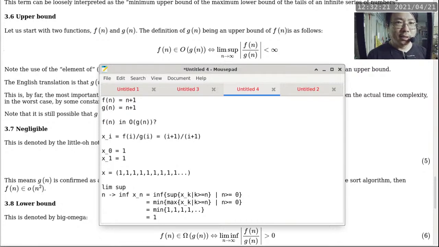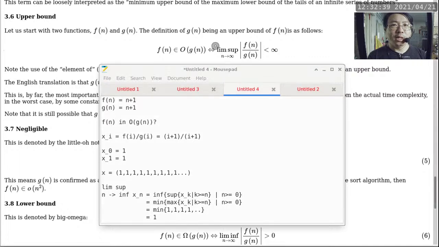All right. So is that answering the question? Because the original question is whether f of n as a function is in the big O of g of n. What do you think? Look at the requirement. In order for that membership to happen, we want the limit superior of the absolute value of f of n divided by g of n to be less than infinity.